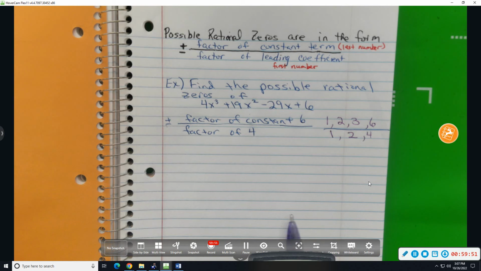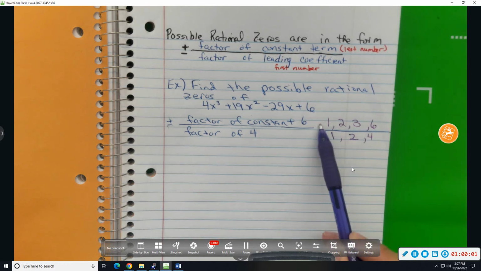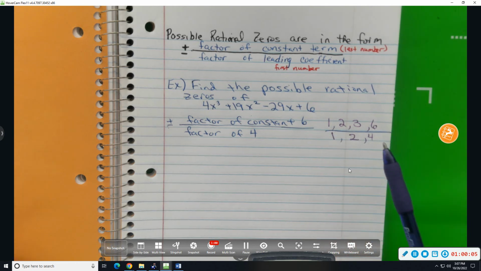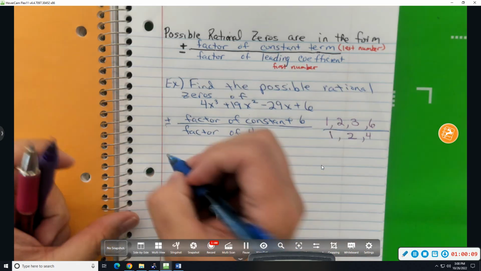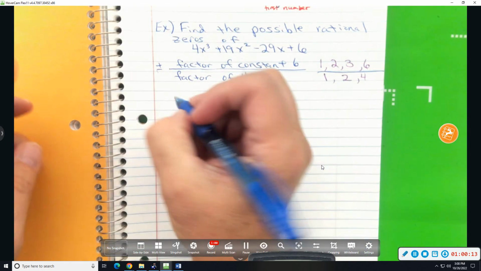So you take every number on top, put it over 1. Take every number on top, put it over 2. Take every number on top and put it over 4. You have to look at every possible combination. So here we go, plus or minus.